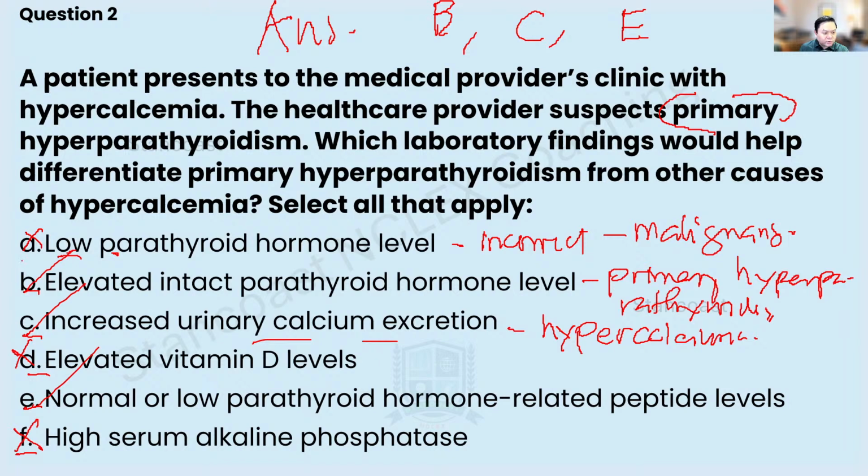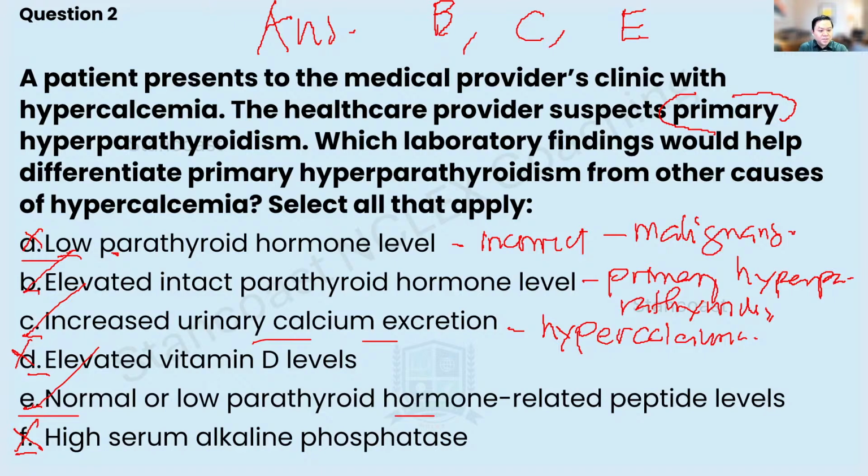Letter E is the parathyroid hormone related peptide levels. This is a hormone that is going to be elevated whenever there is a malignancy-related type of hypercalcemia.